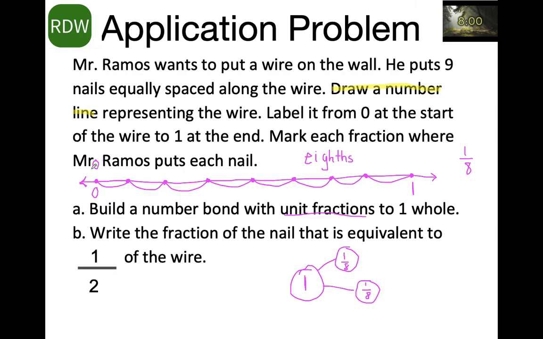So here's 0/8, here would be 1/8, 2/8, 3/8, and so on. You should go all the way until you get to 8/8. That will also be on my next slide.